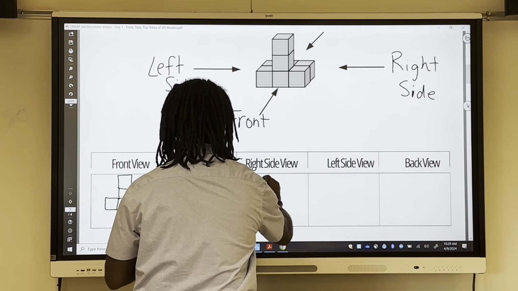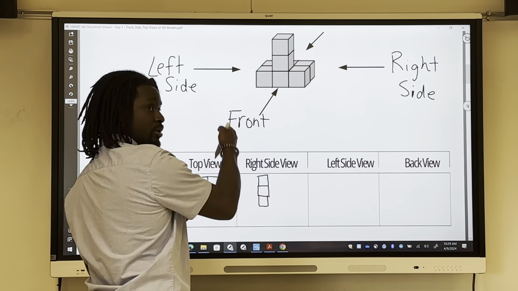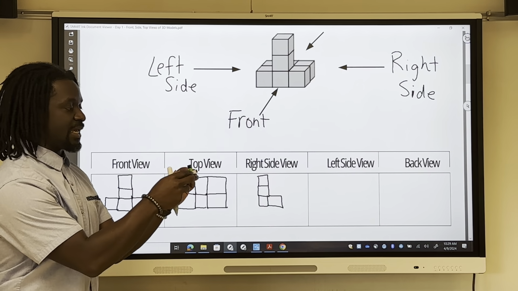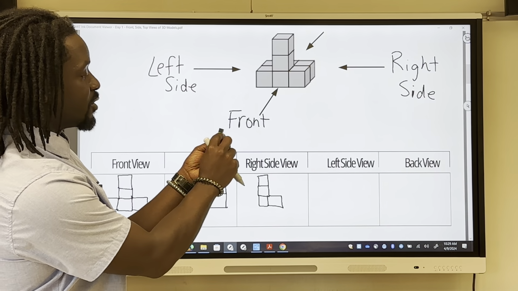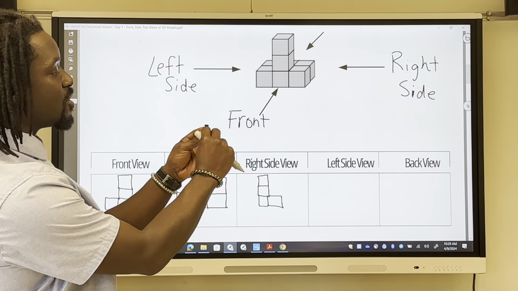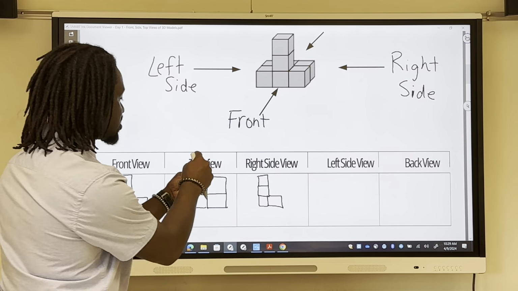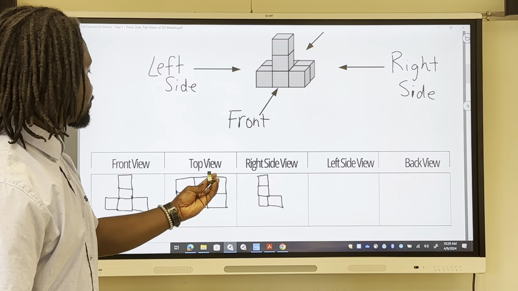When I'm looking at it from the right side, it is 3, and then there's 2. Keep in mind, even though there are 3 back here, I can't see that when I'm looking at it from this side. So this is what the side view looks like. It just looks like this L, right?